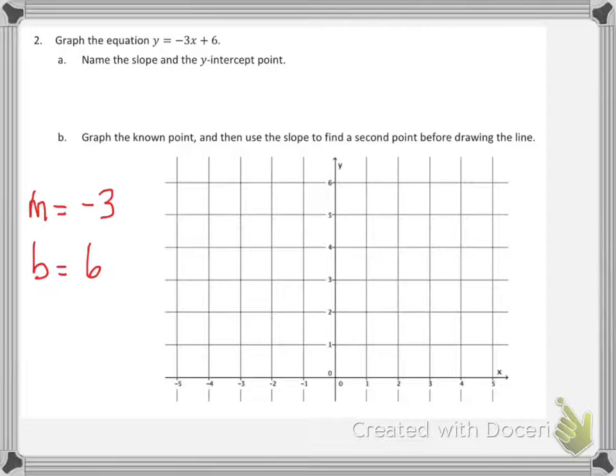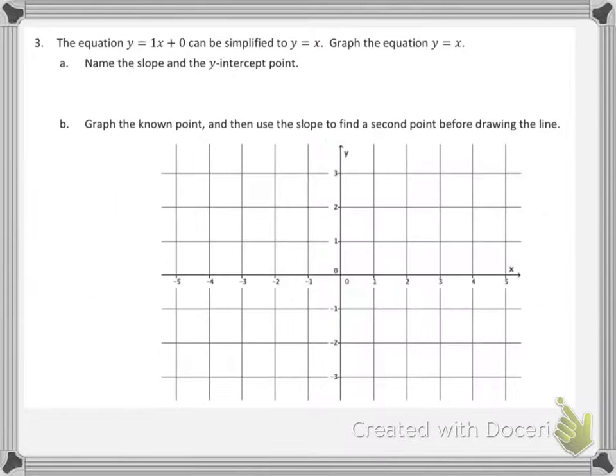I know I'm going to cross the y-axis at 6. And I know I'm going to go down 3 and right 1. Down 3 and right 1 is my next point. And there's my graph. Okay, there we go.